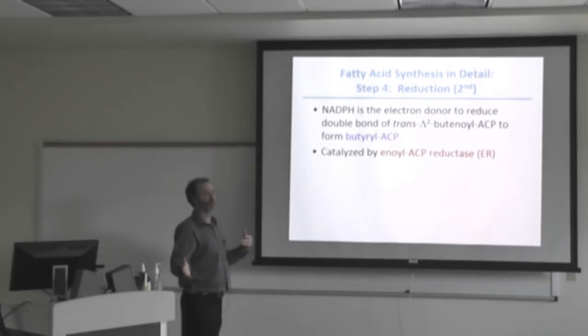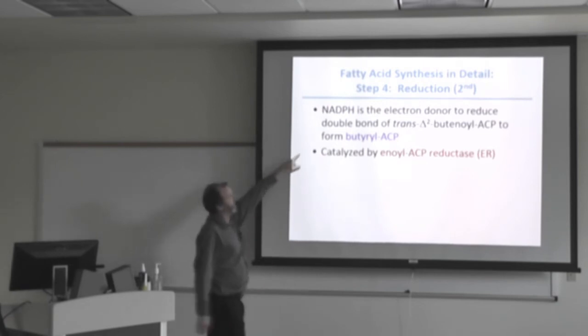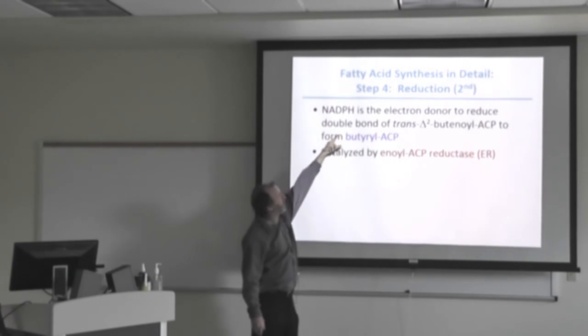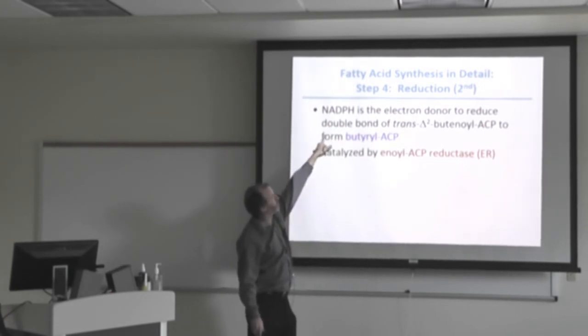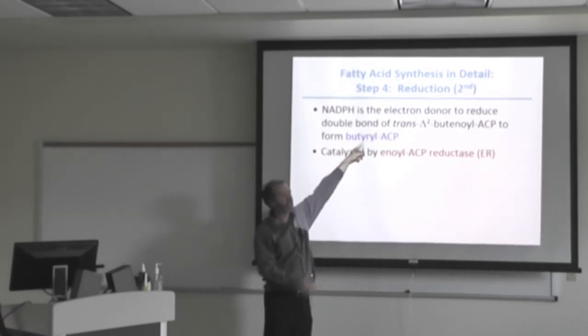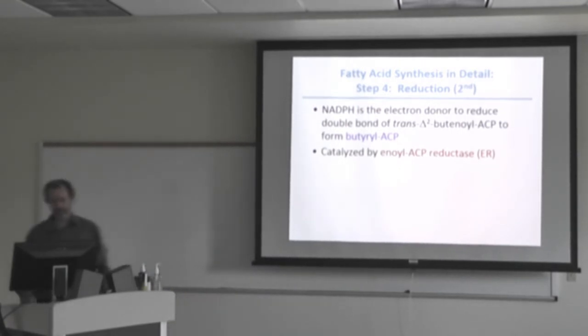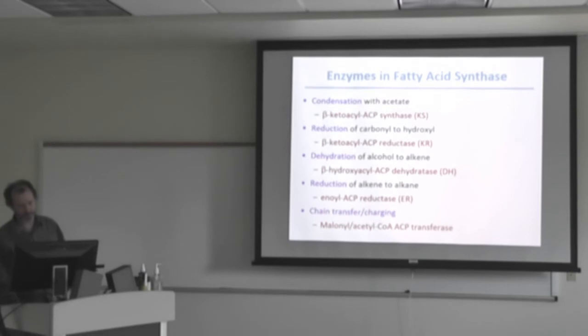Then that ene group needs reduction. We get that reducing power from NADPH, and that ene group is reduced to the saturated ACP, catalyzed by enoyl ACP reductase. And these are the enzymes in order, and then we get the chain transfer and charging again, following that order.